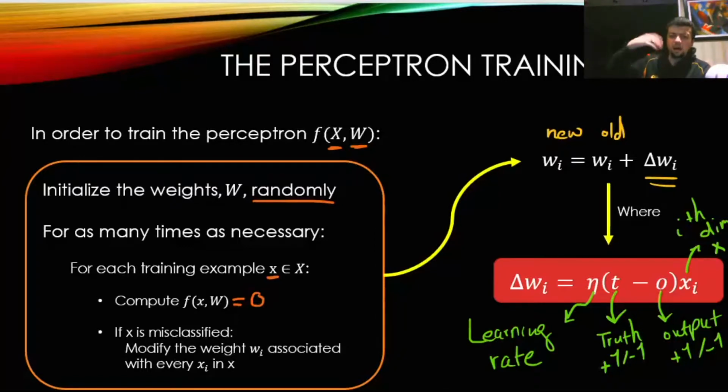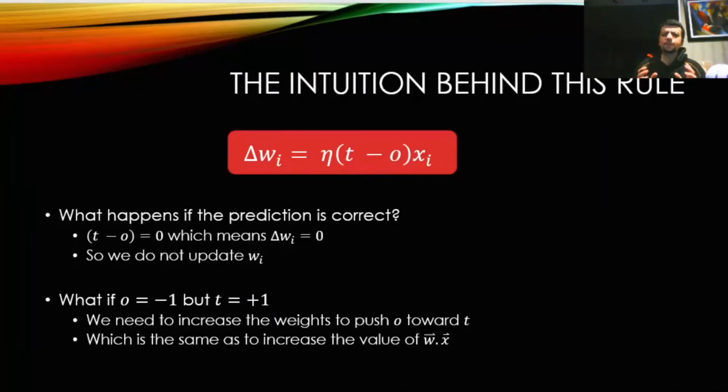And this update will happen every time your perceptron fails to classify a particular x in your training set. And that is when you basically modify all the weights in your perceptron according to this rule. Now, let's dig more into detail. What happens if the prediction of your perceptron is correct? Obviously, it means that you don't need to change the weights of your neural network. And that is exactly how our perceptron training rule is operating.